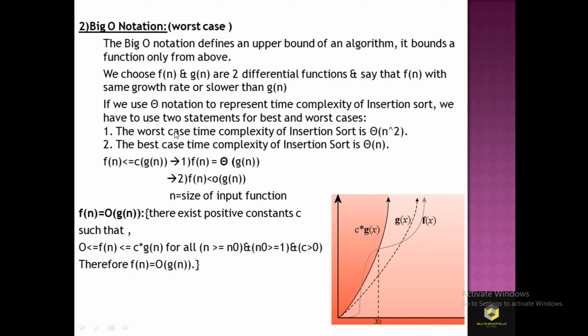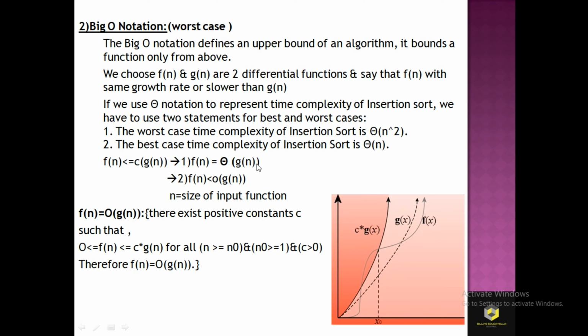When we say that f(n) moves with the same growth rate, then it comes under theta notation. When f(n) is slower than g(n), then we say it is the small o notation. So the small o notation and theta notation show the different time complexities.